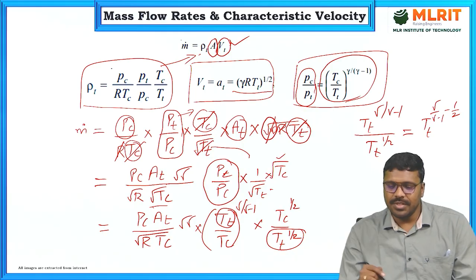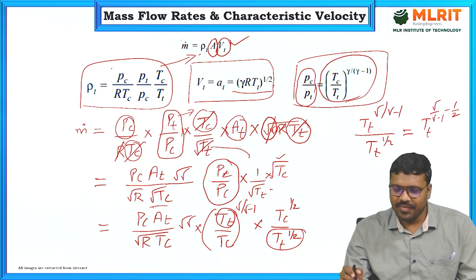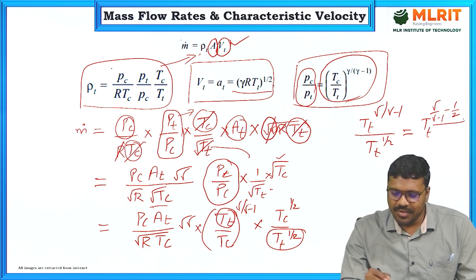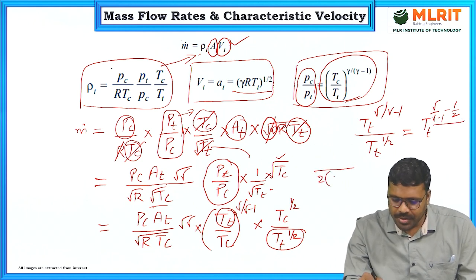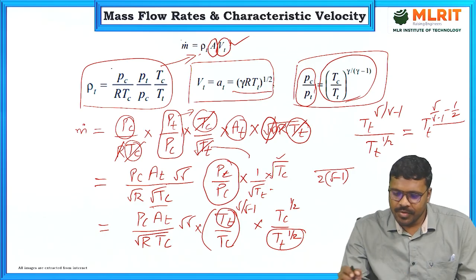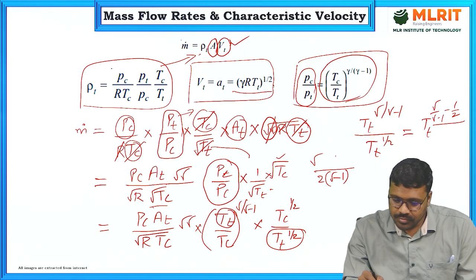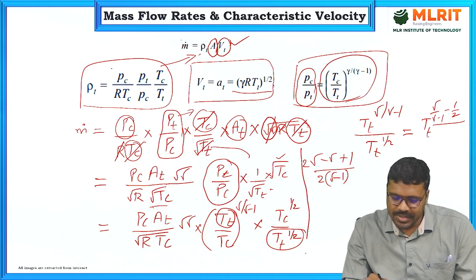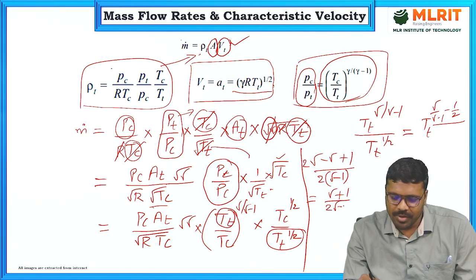If I do this simplification, gamma by gamma minus 1 minus 1 by 2 can be written as 2 gamma minus gamma minus 1, over 2 into gamma minus 1, which is 2 gamma minus gamma plus 1. This 2 gamma minus gamma will become gamma plus 1 by 2 into gamma minus 1.